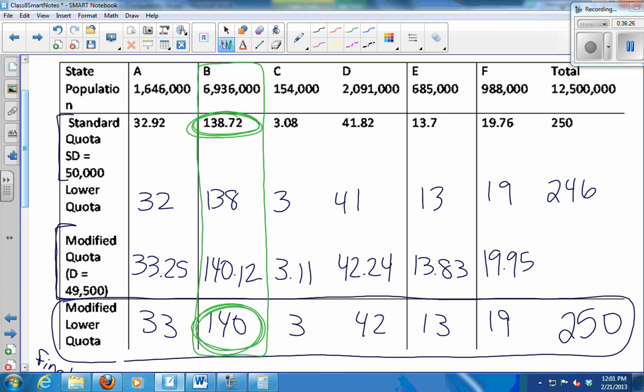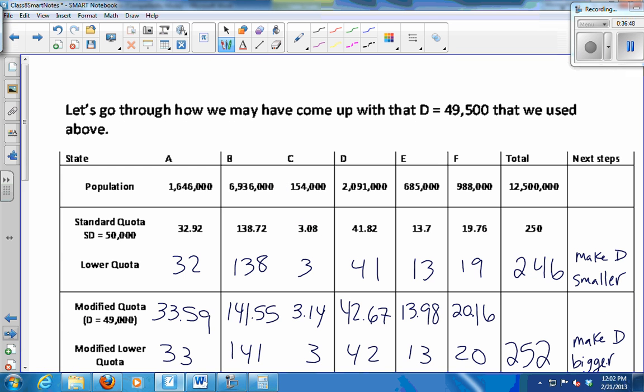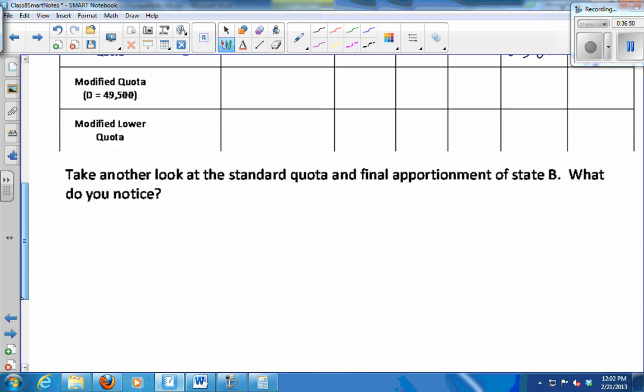So we said if this is your exact fair share, the quota rule said that the only number that makes sense to give you is 138 or 139. We can't give you a piece of a seat, so we'll either give you the number just below or the number just above. But we ended up giving them 140, which is more than their fair share. So this was an upper quota violation.